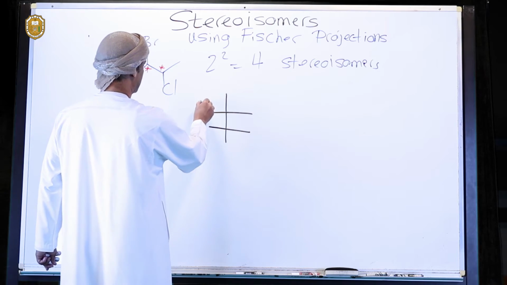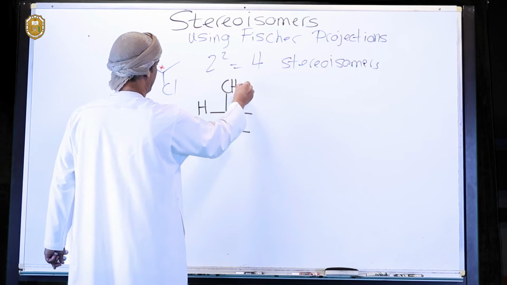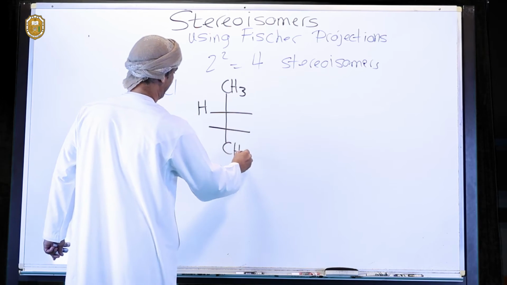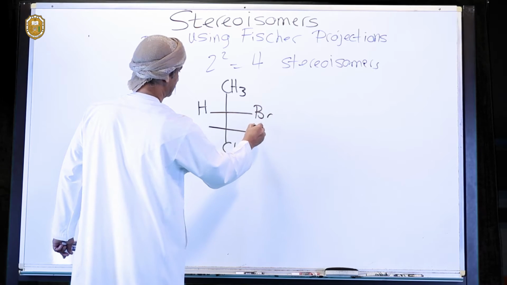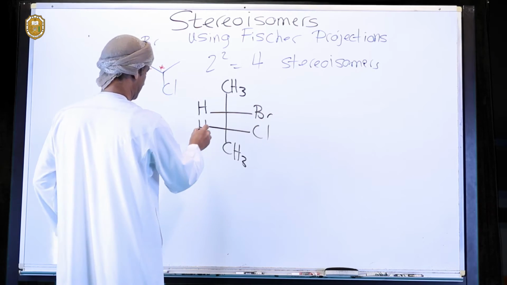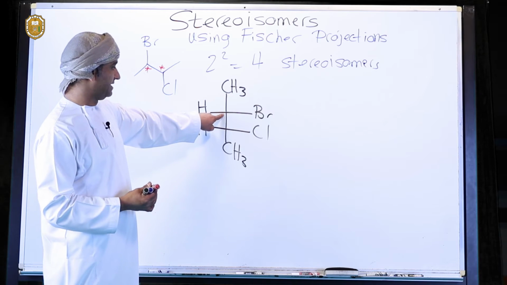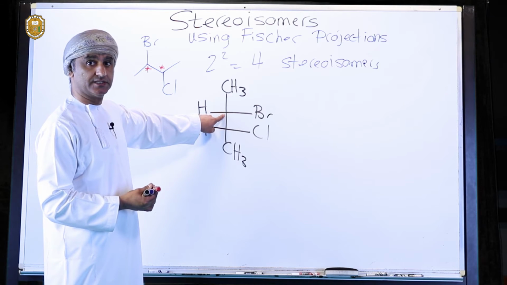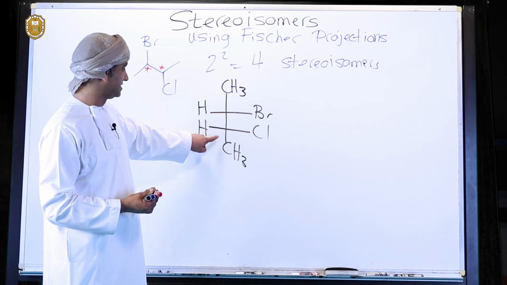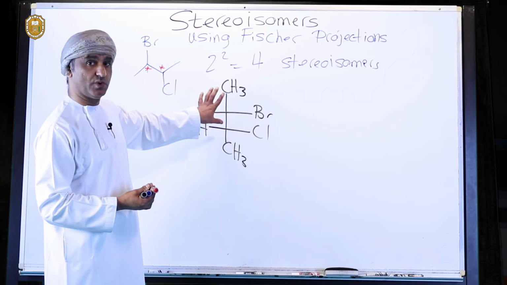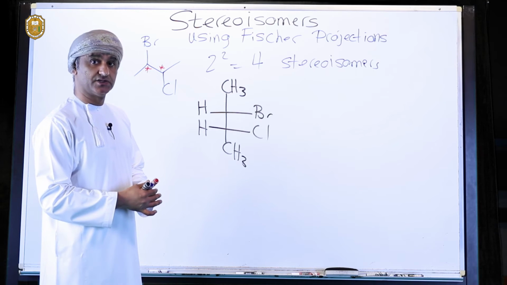This is the first one, using Fischer projections this time. This indicates the C2 stereocenter, and this is C3. So this is one possible stereoisomer.